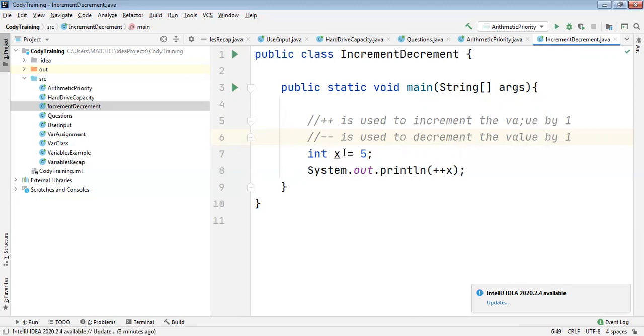So here I gave x an initial value of 5, and then I'm trying to print ++x. So I'm incrementing the value of x by 1. Can you tell me what result will get printed here? 6. Okay, let's try and see.